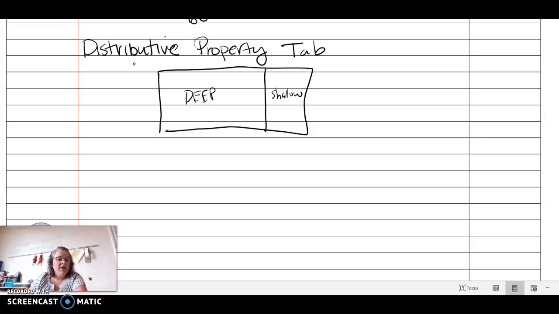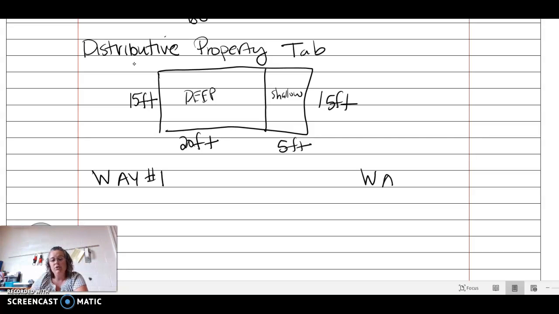We're looking for two ways to find the surface area of the pool. Let's say that the deep end goes 15 feet wide by 20 feet long. Your shallow end is 15 feet wide by 5 feet long. There are two ways to actually approach this problem. We'll look at way number 1 and then way number 2 over here.